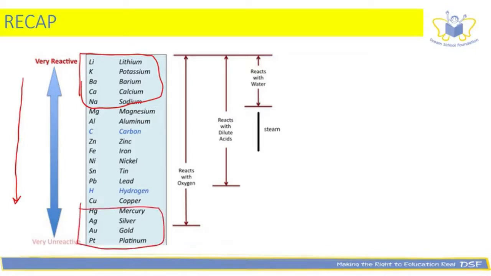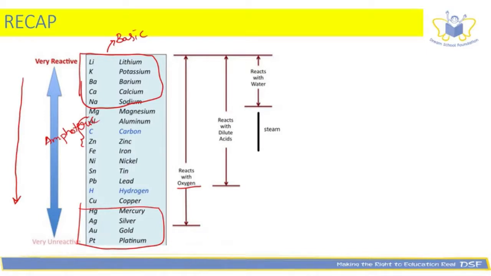And we saw how they react with oxygen. Most metals react with oxygen to form metal oxides, some of which are basic in nature and some are amphoteric.